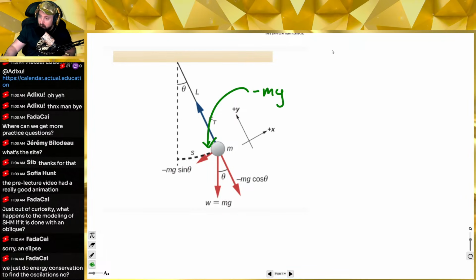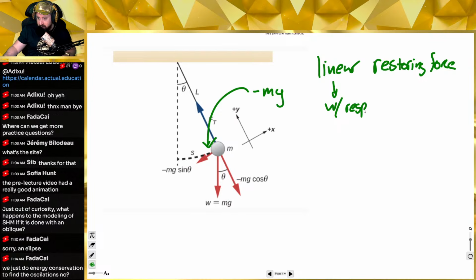So remember that simple harmonic motion only occurs when you have a linear restoring force. So when the force that is trying to bring you back to equilibrium is linear, we say linear with respect to distance away from equilibrium.